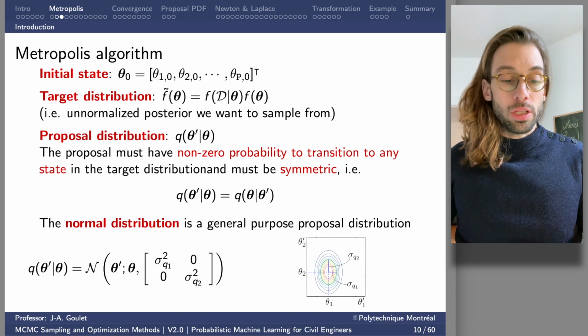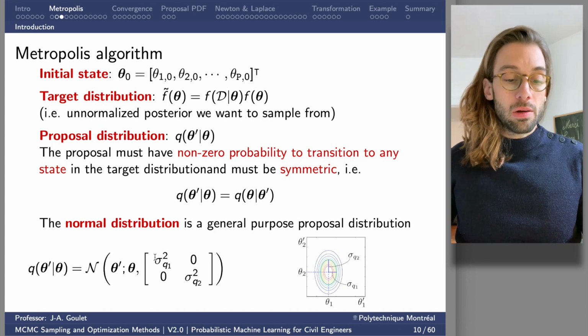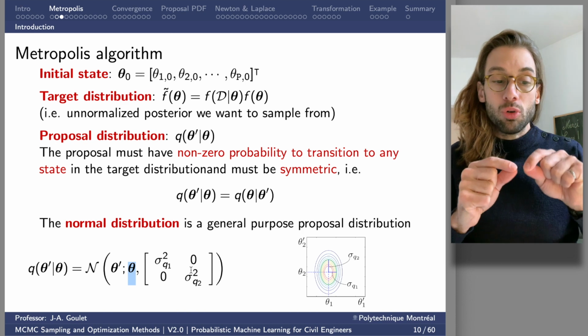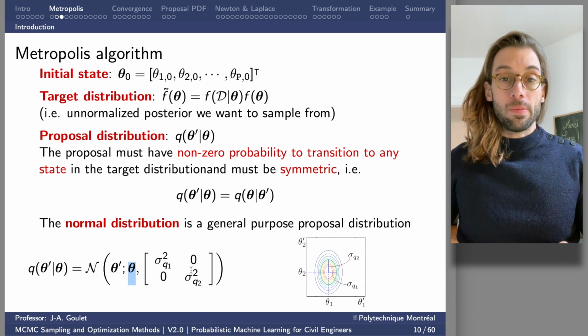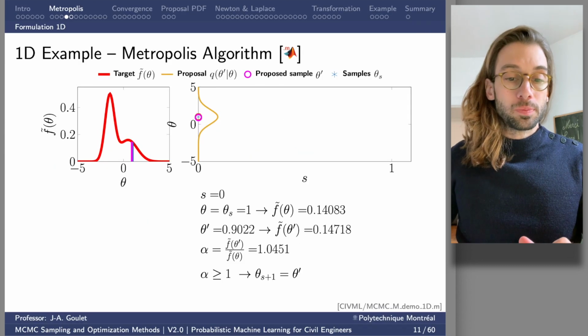I can do this in one dimension. I could do this in 2 dimensions, where now I have the mean vector, which is my current position theta, and a covariance matrix that controls how big my steps are with respect to each dimension in my problem. And I can generalize this to an n-dimensional problem.